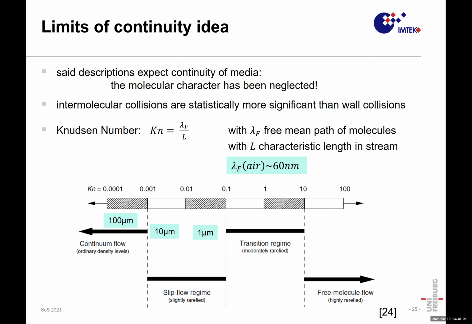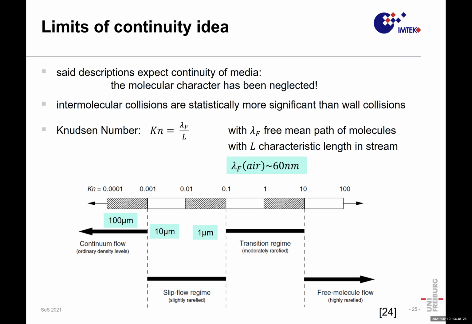Everything so far was reflecting linear situations, where we are in the range of continuity. Of course, we always have to check the molecular characteristic of our medium, the gas, the air.